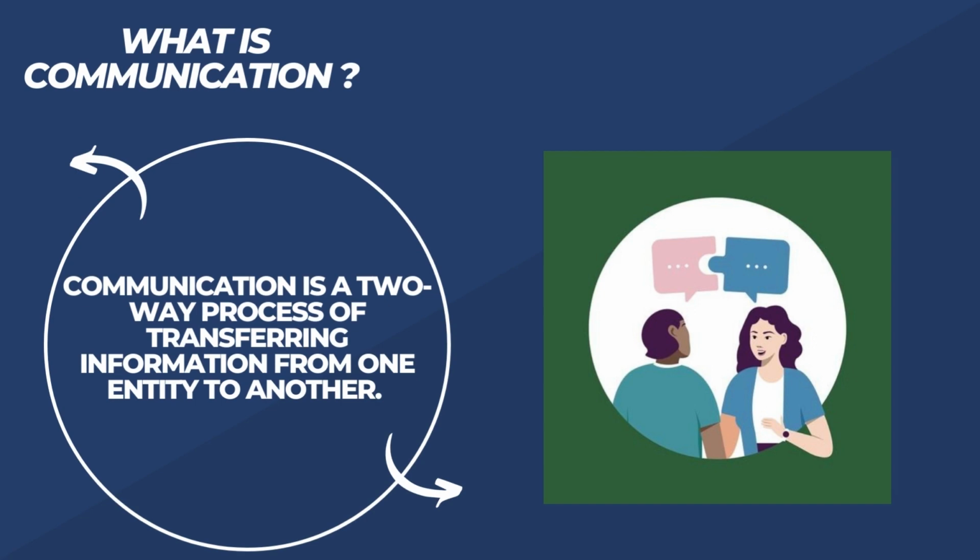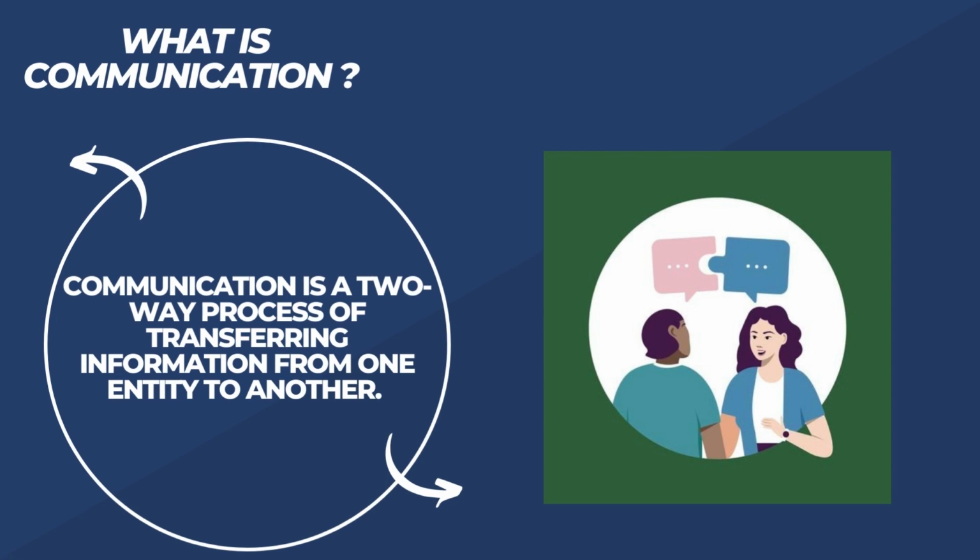Verbal communication involves spoken or written words, while nonverbal communication includes body language, facial expression, and tone of voice. Written communication can take various forms, including emails, letters, reports, while visual communication involves conveying information through images, charts, and graphs.